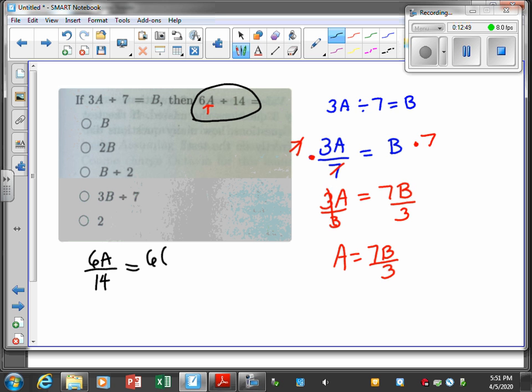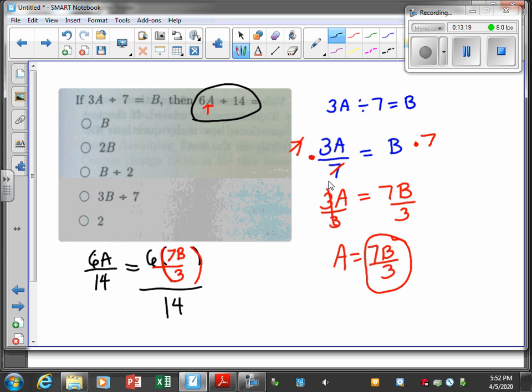So 6, and I said a is 7b divided by 3. Let me clean that up a little bit. So that's all of that divided by 14. So 6, and in place of a, I put 7b divided by 3.